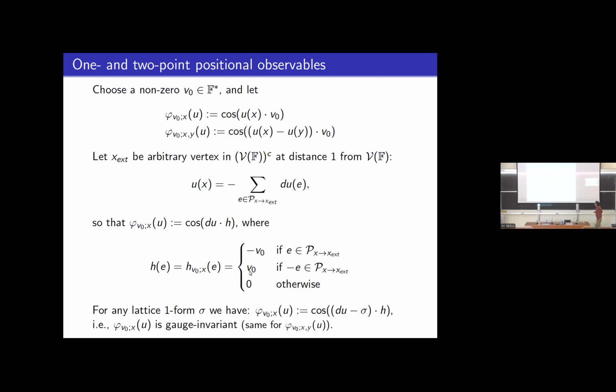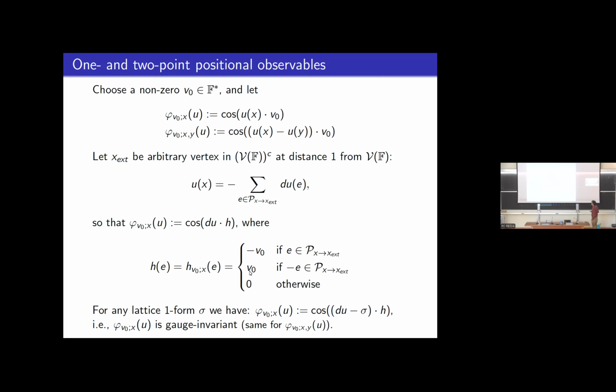The observables used to test breaking of translation invariance and the existence of positional long-range order are these two. These are gauge invariant, so they can be written as functions of du minus sigma, where in this case sigma is an arbitrary lattice-valued slip field.